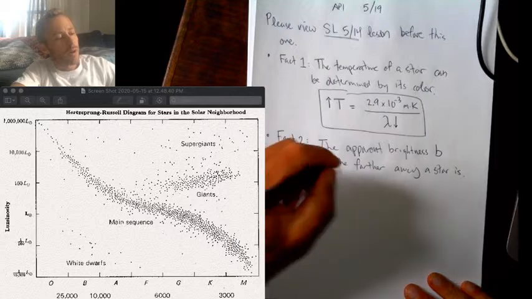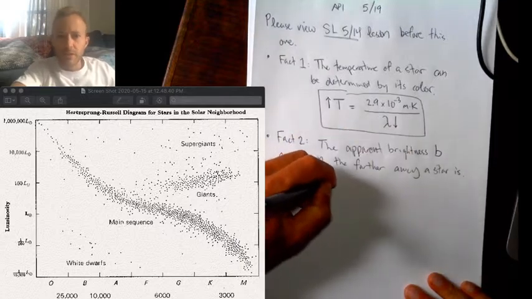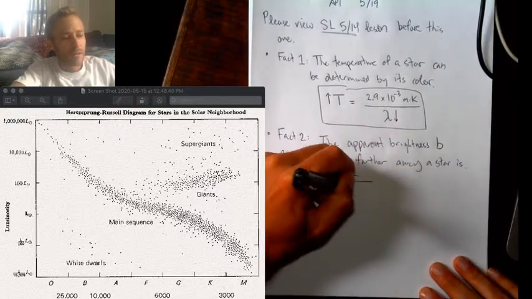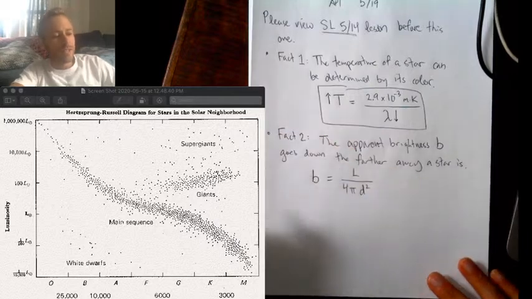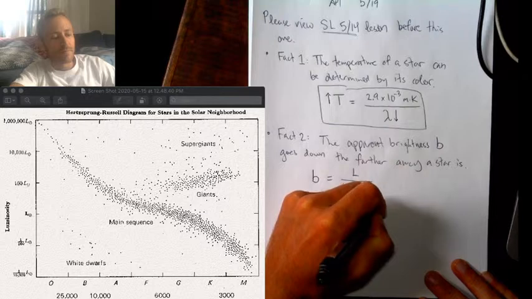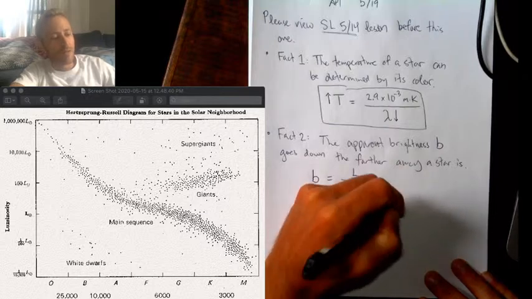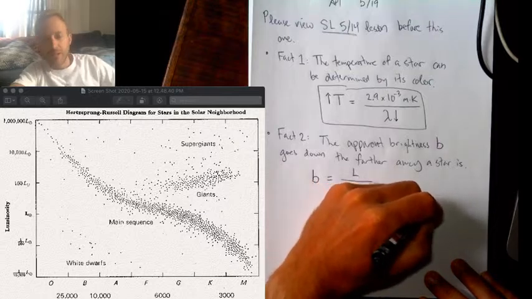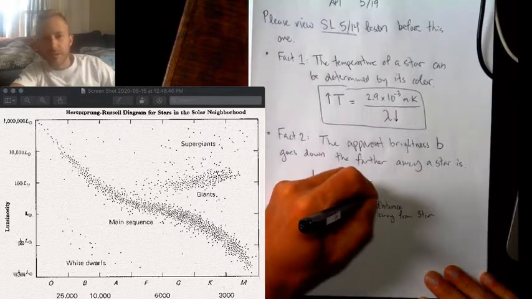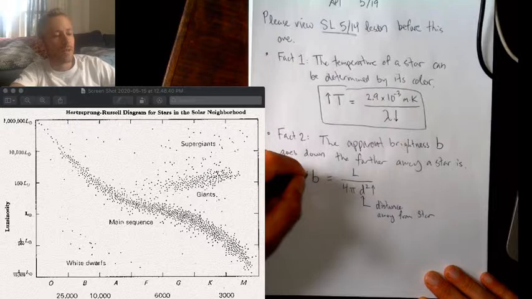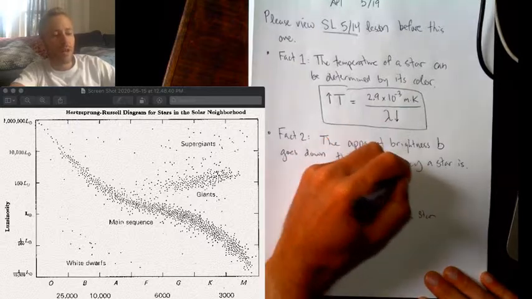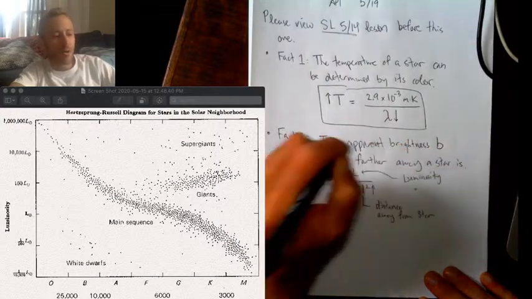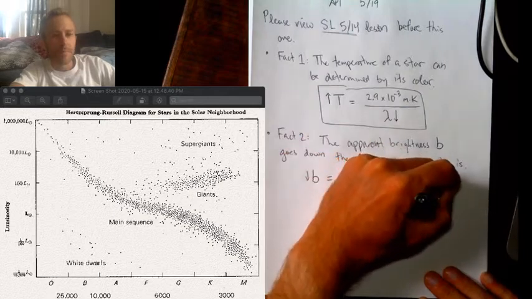The apparent brightness, B, is equal to L over 4 pi d squared, where d is the distance away from the star. We can see that as d goes up, d is in the denominator, so the apparent brightness goes down. L is called the luminosity, and it is equal to the power output of the star.